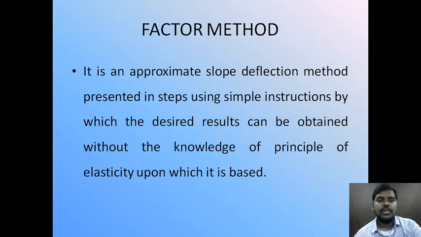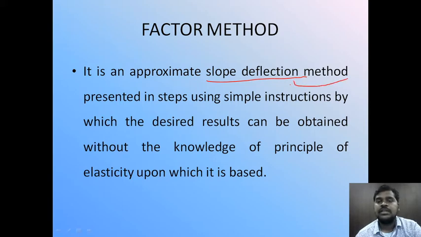The factor method is nothing but an approximate slope deflection method. Those methods can be called something like an extension of moment distribution methods, but here it is an approximate slope deflection method.